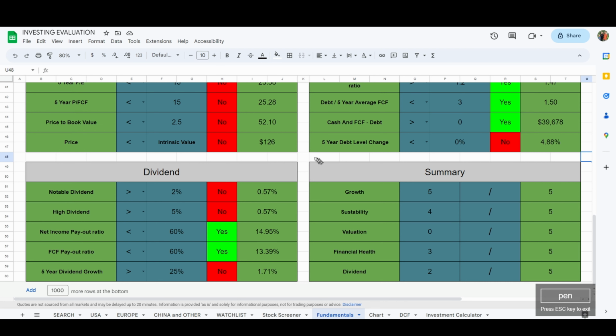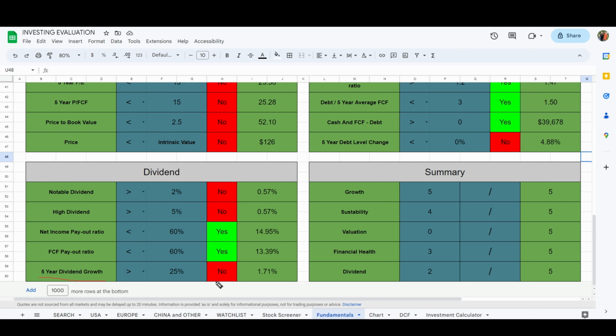This is the dividend category here, and it considers if they have a notable dividend of about 2%, which Apple doesn't have, a high dividend of about 5%, which Apple doesn't have, and then we have the payout ratio, the net income payout ratio, which is below 60%, which Apple's is, and the free cash flow payout ratio, below 60%, which Apple's also is, right?